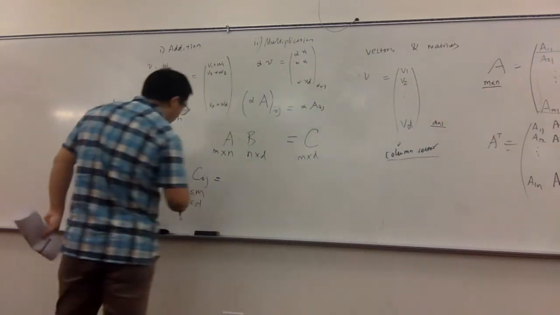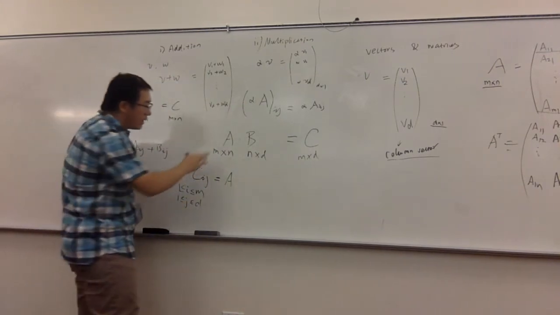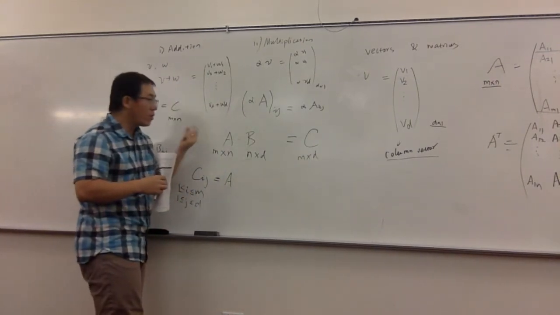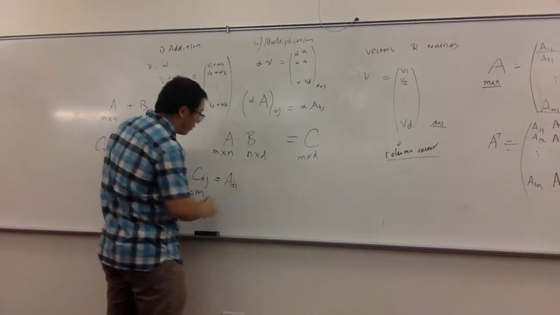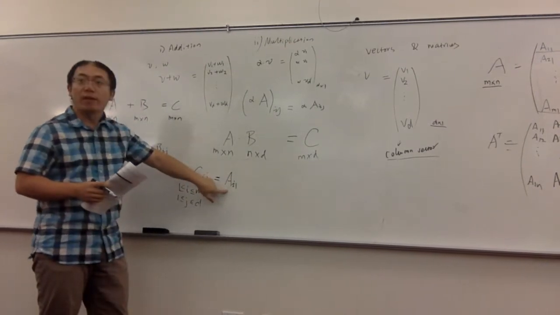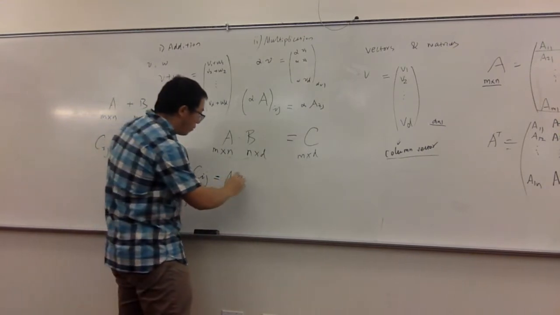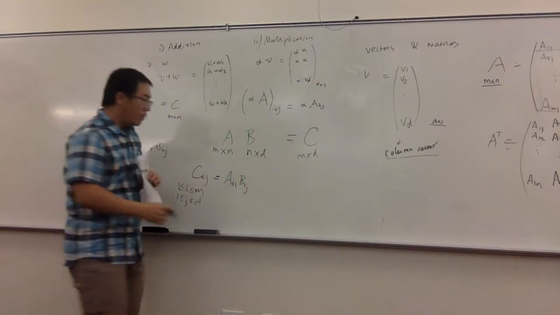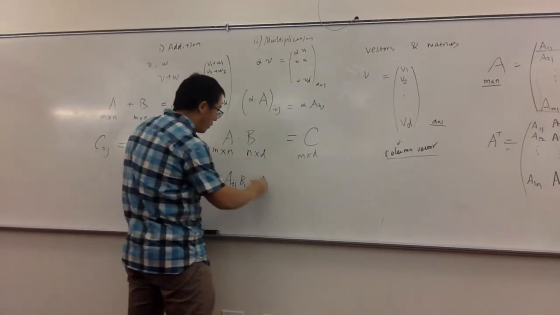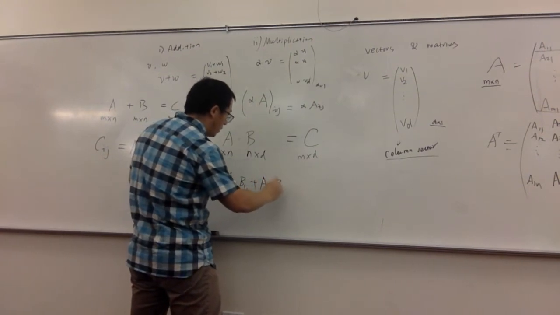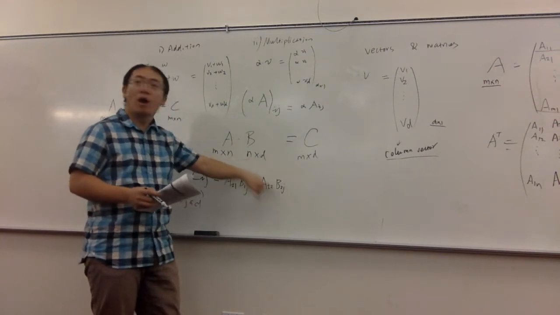Basically, we multiply each element in the ith row of A with the corresponding element in the jth column in B. So we multiply Ai1, the first element in the ith row of A, with the first element in the jth column in B, which is B1j. And then the second multiplication between their second elements, which is Ai2 times B2j. B2j indexes the second element in the jth column in B, right?